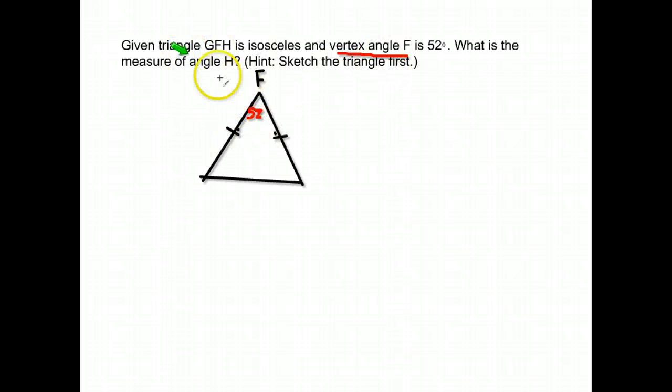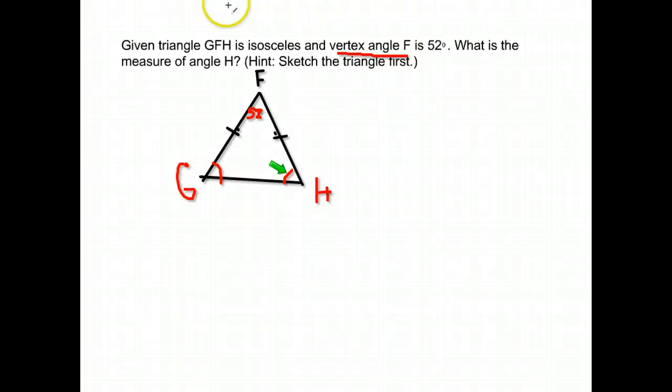What is the measure of angle H? So here are H and G, down here. What do we know about them? Because of the isosceles triangle theorem, we know that if you have congruent sides, the angles opposite those sides are also congruent. As we label our triangle, we're looking for angle H here.